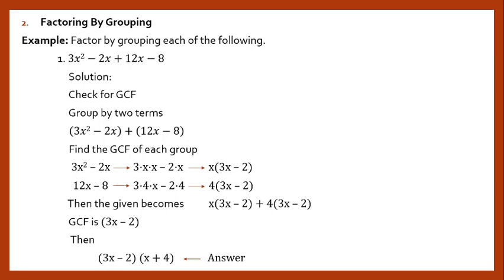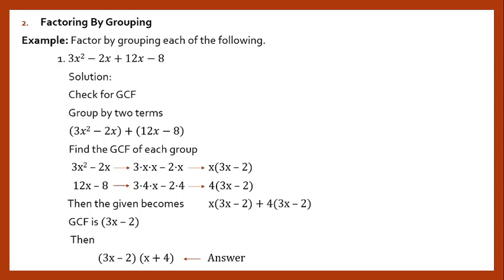And then, sinama ko na yung GCF. Doon sa pangalawa naman na group, 12x minus 8. O, ganun din, 12 and 8, pareho silang may 4. O, yun lang naman ang common. So, finactor out ko yung 4, ang maiiwan is 3x minus 2. So, i-rewrite natin, instead of 3x squared minus 2x plus 12x minus 8, ito na siya.